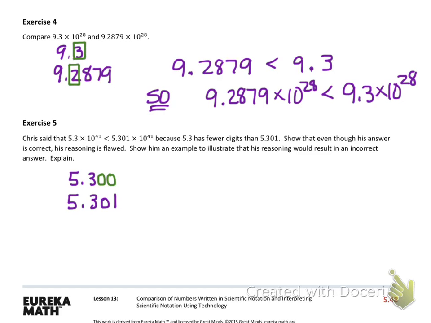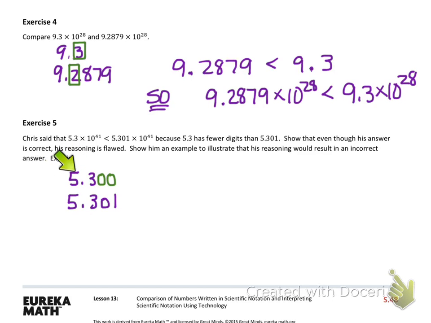But what we need to notice is that we can add zeros behind the decimal place like this, because they're not changing any of the non-zero digits' place value. I don't change place value by adding zeros after the decimal place, unless I'm moving some other digit. Okay, so you get that.